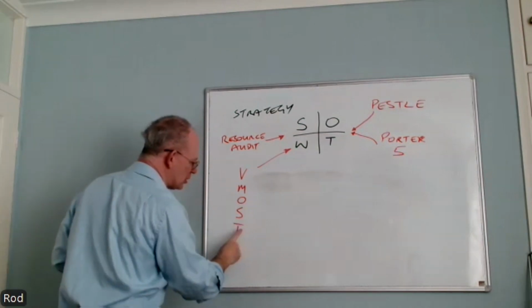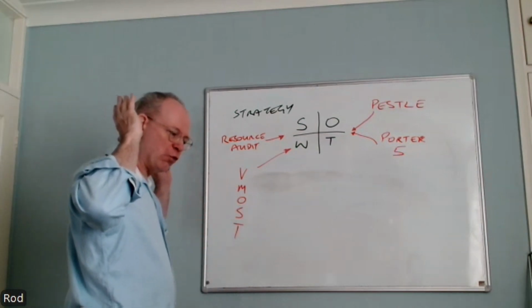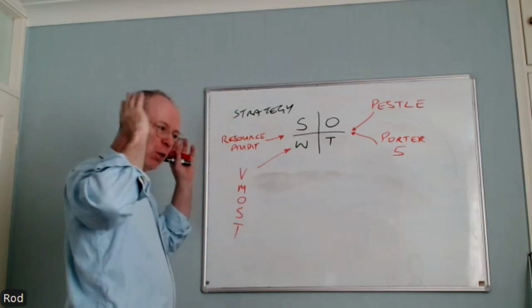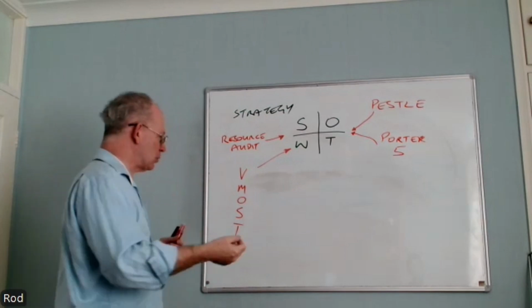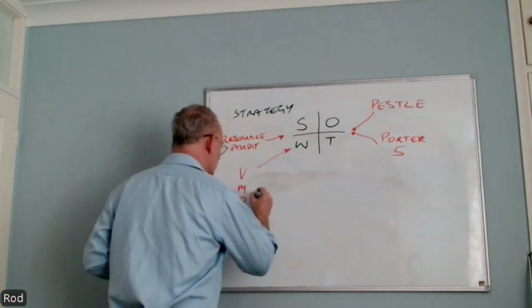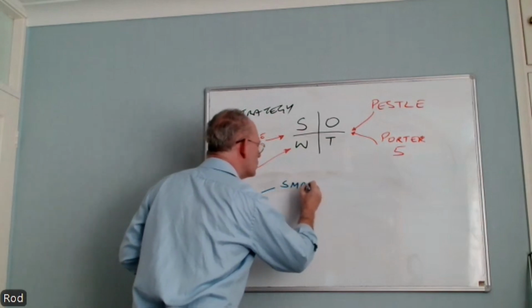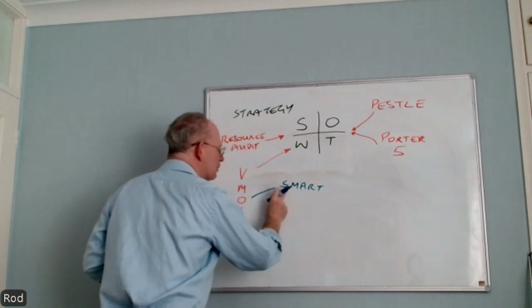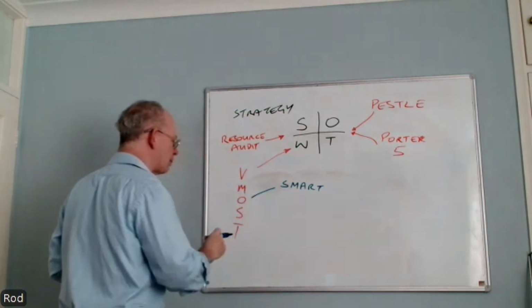Vision, mission, objectives, strategy, tactics. One, vision: the reason why your company exists or where it wants to head to. Two, mission: how it's going to do it. Objectives. Now, your objectives should be SMART: specific, measurable, achievable, relevant, and timed.